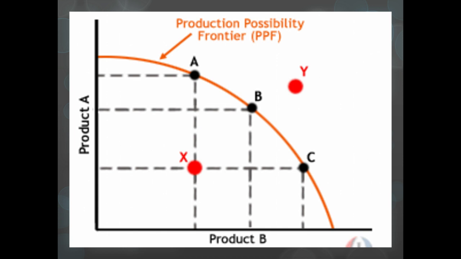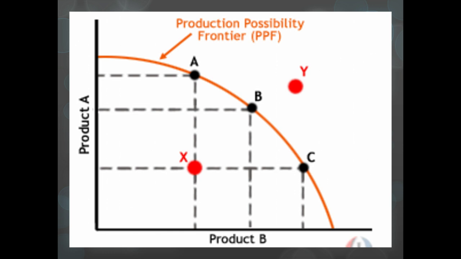But all the time it may not be possible. Here you can see another point, point X. Point X has a speciality: it is inside the production possibility frontier. It means the economy is not utilizing all its available resources.